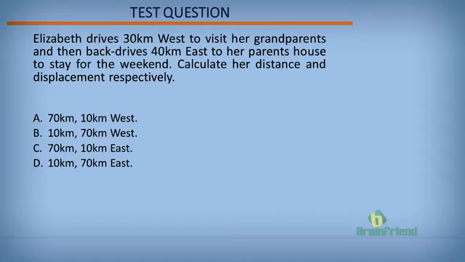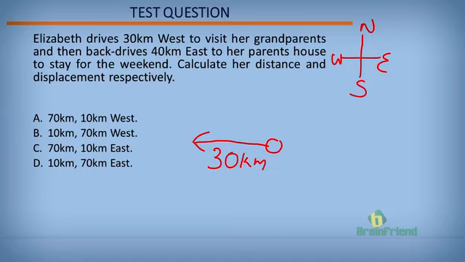Now, this is what happens. The options are A, 70 kilometers, 10 kilometers west; B, 10 kilometers, 70 kilometers west; C, 70 kilometers, 10 kilometers east; and D, 10 kilometers, 70 kilometers east. Now, let's say this is Elizabeth's origin. She drives 30 kilometers west, so she goes in this direction, 30 kilometers, to visit her grandparents.